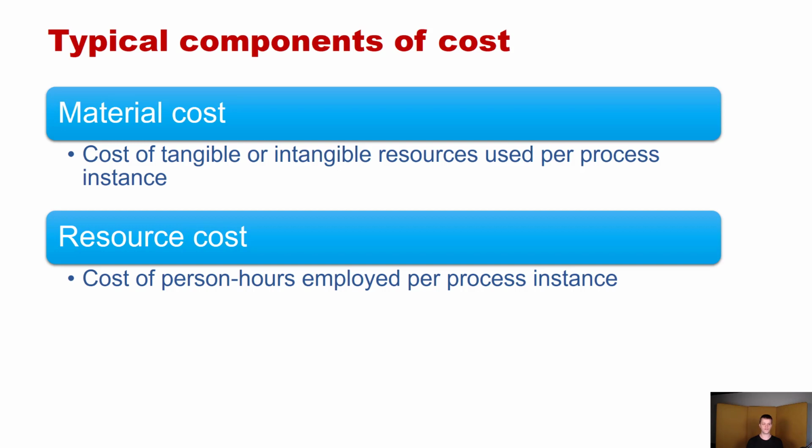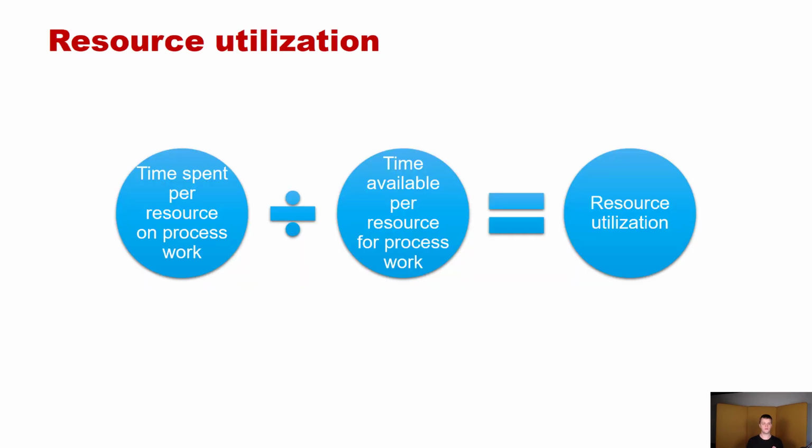So the salaries that you have to pay to the employees who are fulfilling some roles or doing some activities within your process. Now that we have mentioned already resources or resource cost, there is another important measure, which is resource utilization.